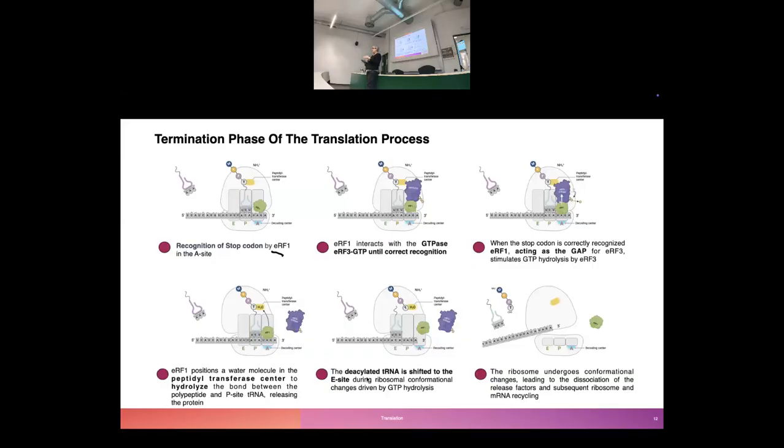So the E is only for eukaryotes. And RF stands for releasing factor. So those are the factors that will allow the release of the chain, meaning they interact when the ribosome is reaching those stop signals. You know, there are 3 stop signals, and they are all binding sites for those releasing factors.